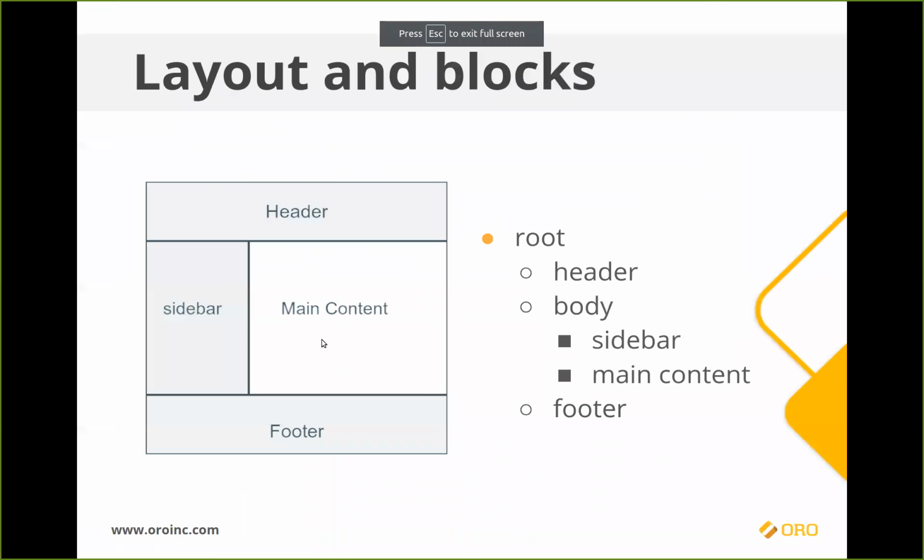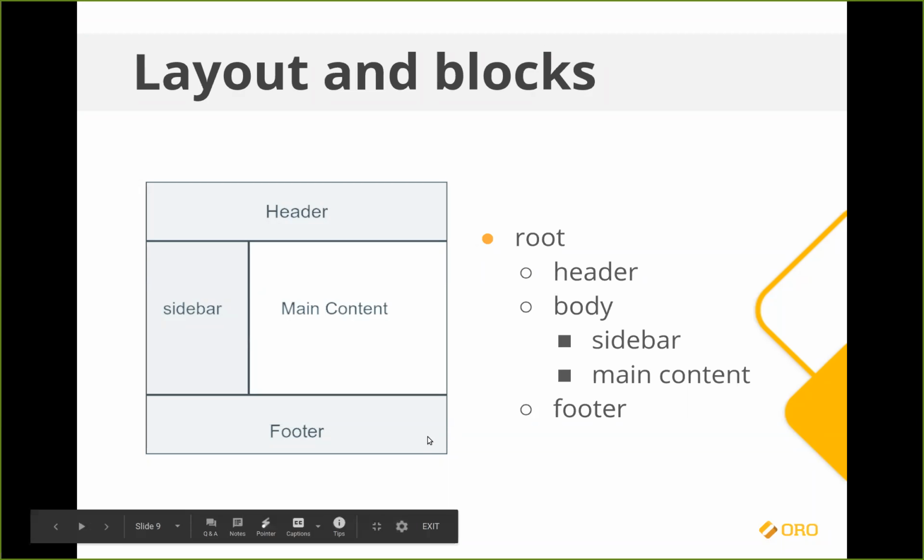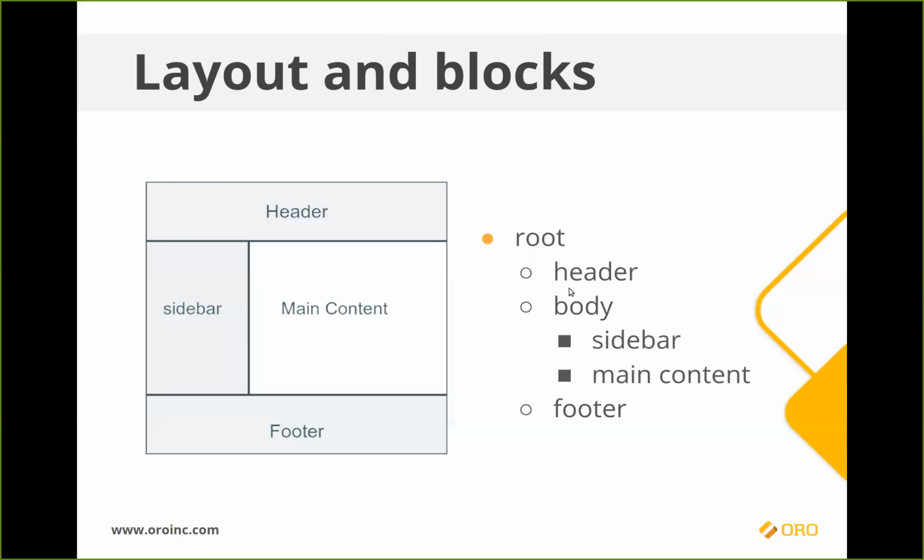So how does it work? A layout, as we have already seen, is a tree. A tree consists of multiple blocks. This is the visual representation of a very simple tree. We have a root block, which is pretty much the container. So everything here is a root. Root is split into three smaller blocks: header, body, and footer.